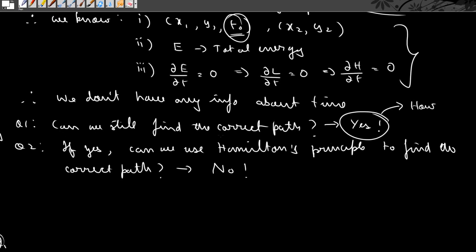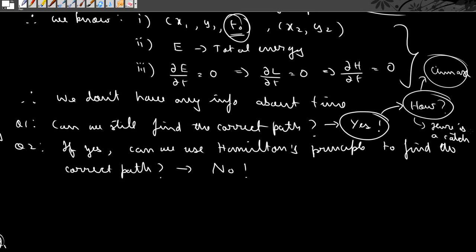How can we still find the correct path? The answer to this particular question will be given at the climax of the video, so wait for the climax. Of course, with this answer there is a small catch, which we are going to see later.